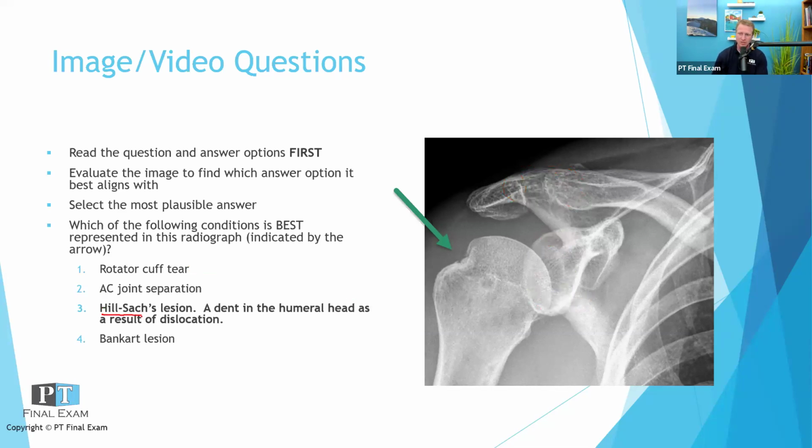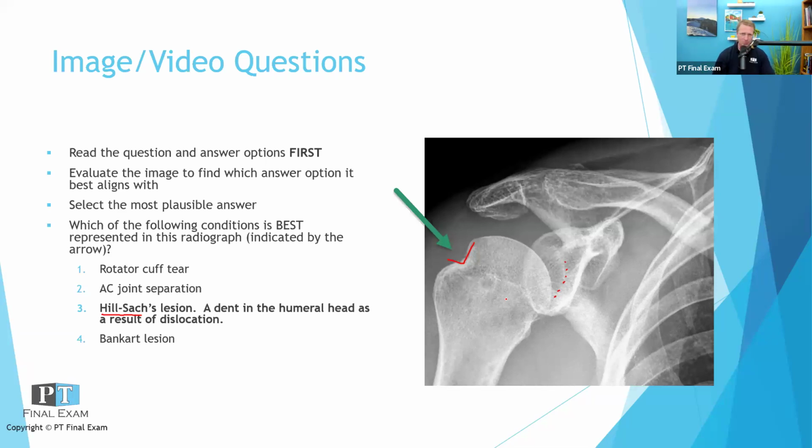So the Hill-Sachs lesion is identified primarily by a dent or a divot in the cortical bone. It typically occurs after an anterior dislocation where the head of the humerus bounces off the rim of the glenoid as it dislocates and then relocates. So that Hill-Sachs lesion is an indication really of a traumatic dislocation.